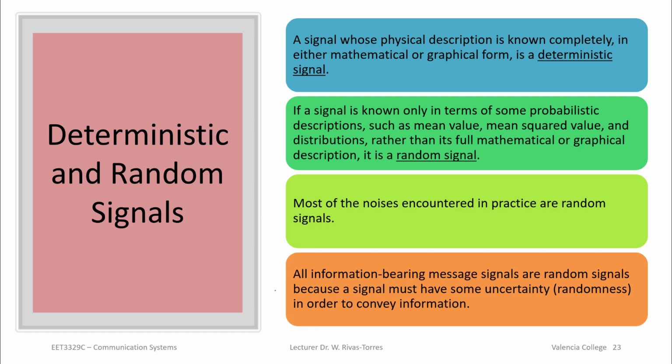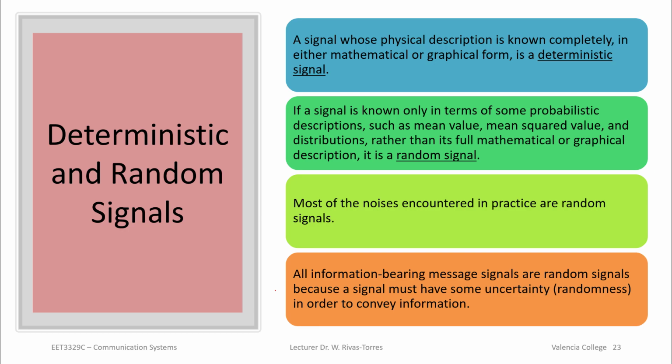However, if the only way you can describe a signal is through some probability of a value of the signal, rather than a full deterministic mathematical or graphical description, that's what we call a random signal. It so happens that noise is a random signal. We mentioned that before.